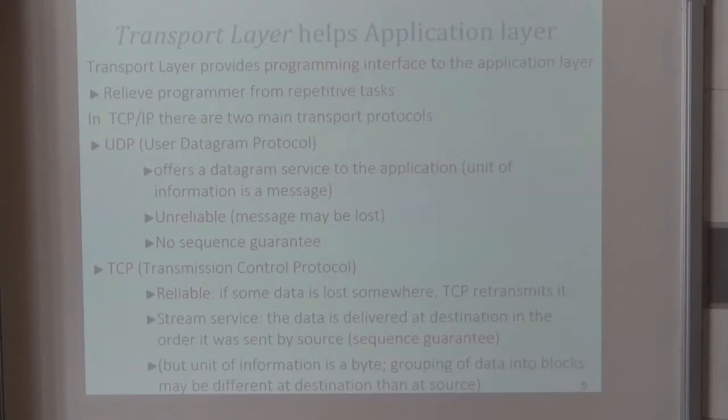If you send 1 million bytes, and one packet that contains 1,000 bytes in the middle is lost, it will not deliver at the destination the remaining data until that missing piece of information is recovered.